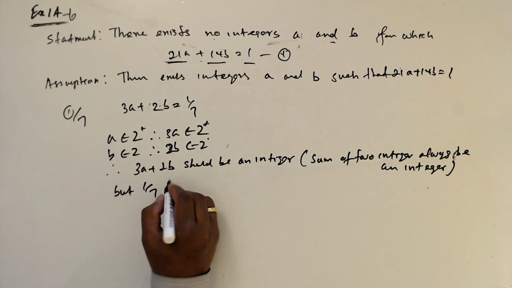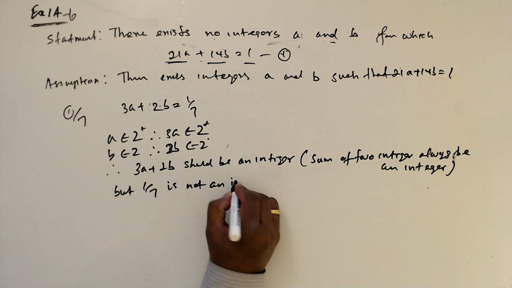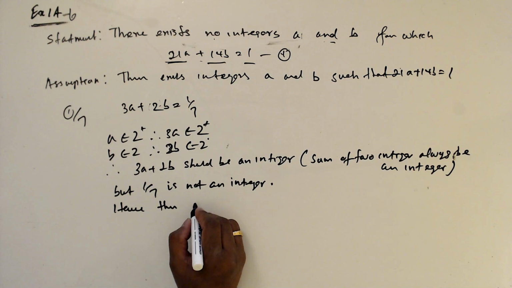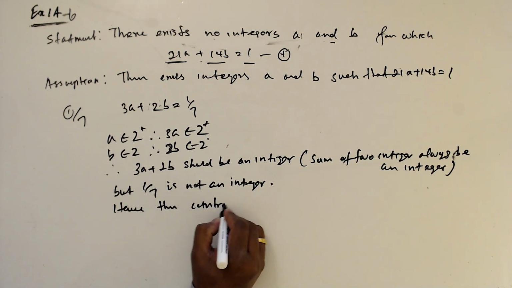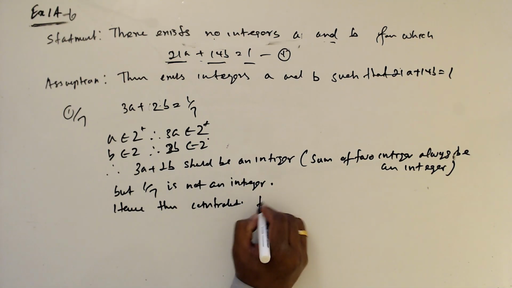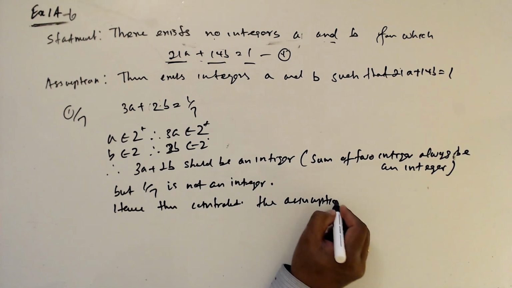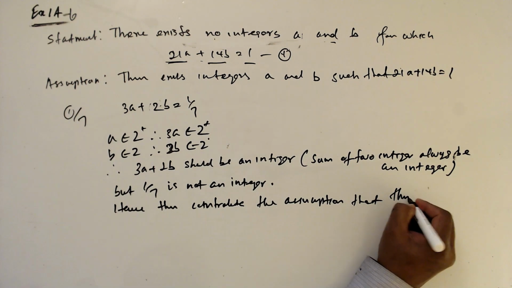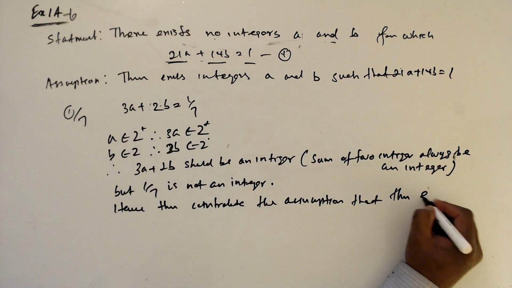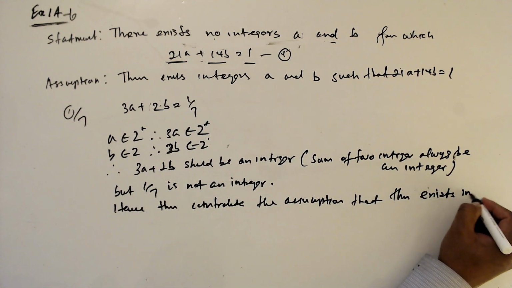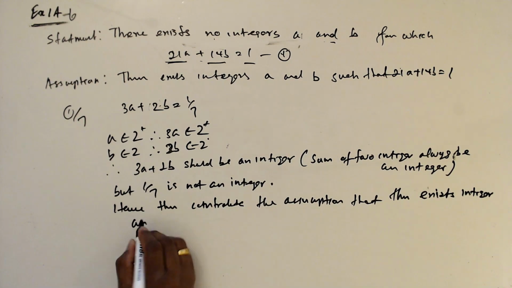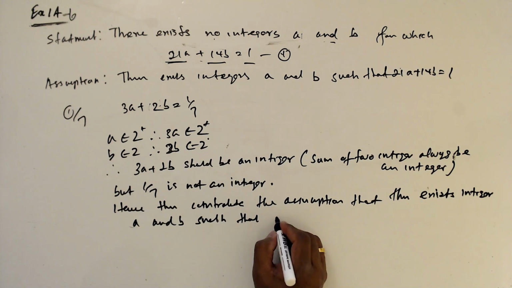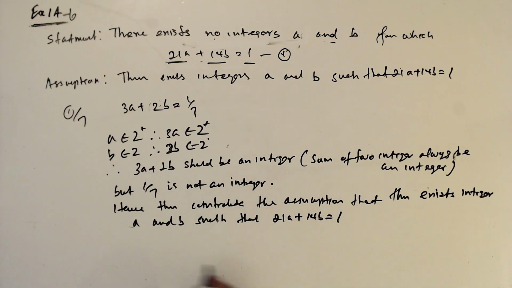But 1 over 7 is not an integer. Hence, this contradicts the assumption that there exist integers a and b such that 21a plus 14b equals 1.